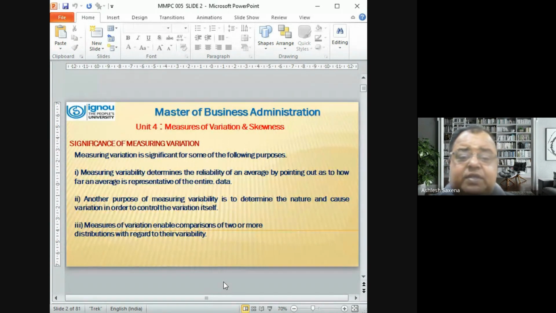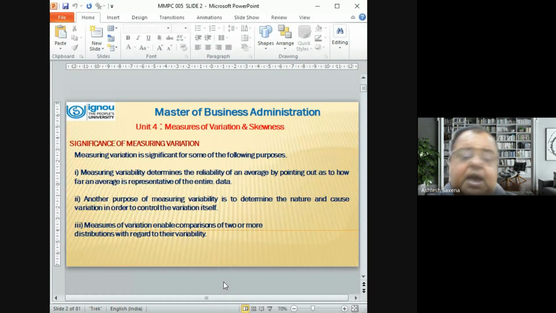Now we will start with the significance of measuring variation. As the word suggests, variation is deviation. Measuring variation is significant for the following purposes. First of all, measuring variability determines the reliability of an average by pointing out how far an average is representative of the entire data.